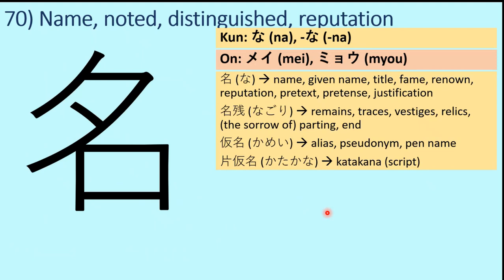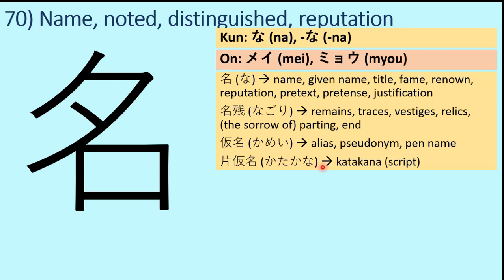Na means name, given name, title, fame, renowned, reputation, pretext, pretense, or justification. Nagori. Nagori means remains, traces, vestiges, relics, the sorrow of parting, or even the end.